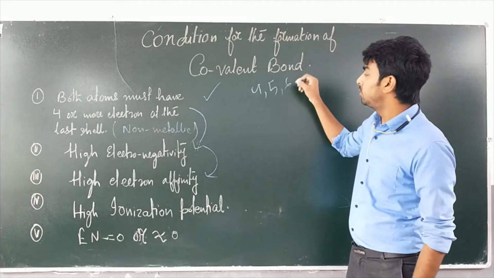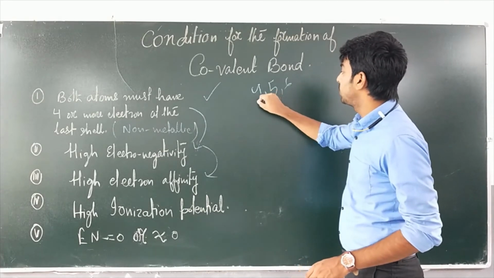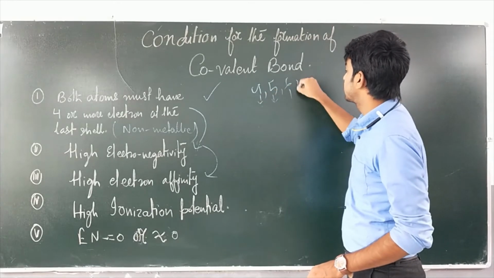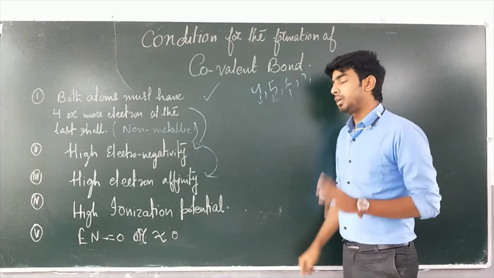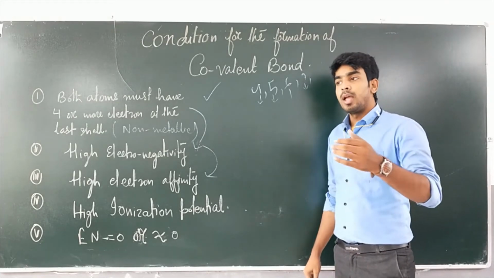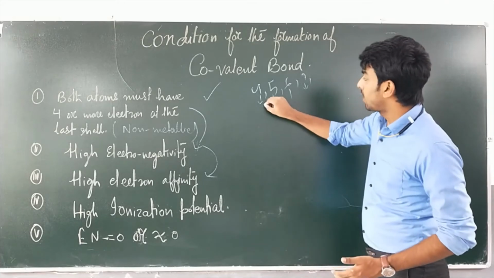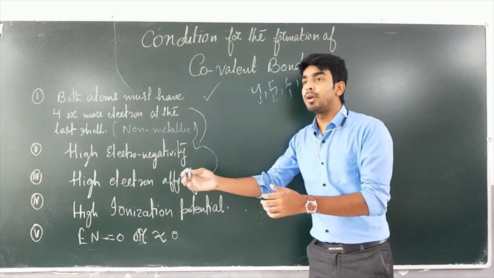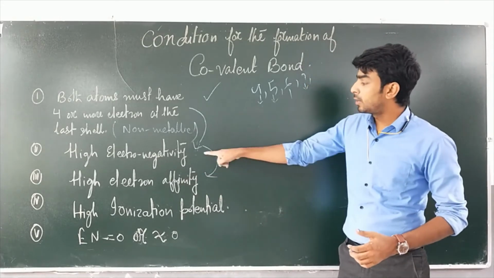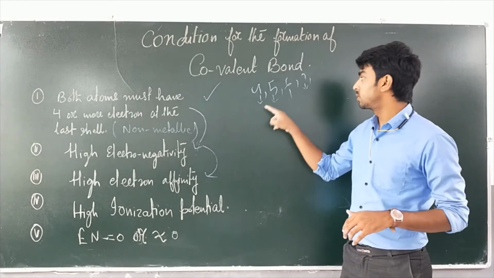Just take an example. We have had a discussion many times that whenever an atom has 4, 5, 6, 7 electrons, it will try to gain a complete octet state. So if it has 4, it will try to acquire 4 electrons, which means the electronegativity and electron affinity are less in this case.